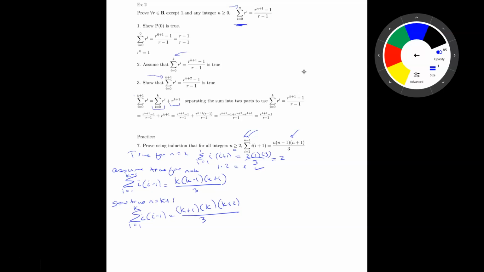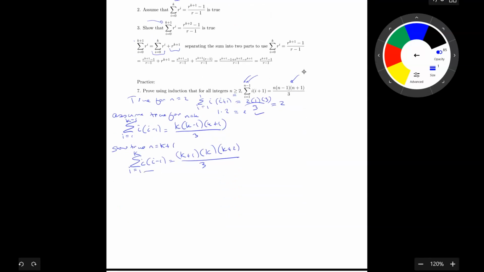Now it's our job to split this up so I can use my inductive step. This says add all the way up to k. I want to break off the first k minus 1 of them. If you're adding all the way up to 9, I can say, okay, add all the way up to 8 and then the 9th one. That's kind of what this is.